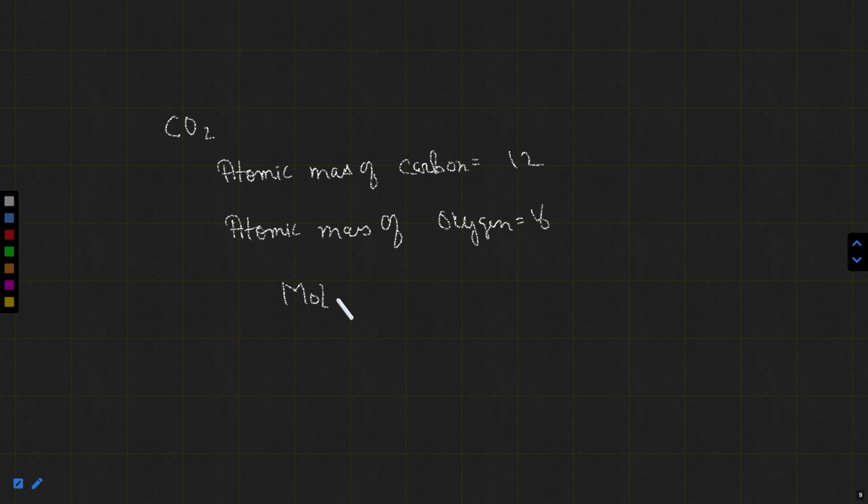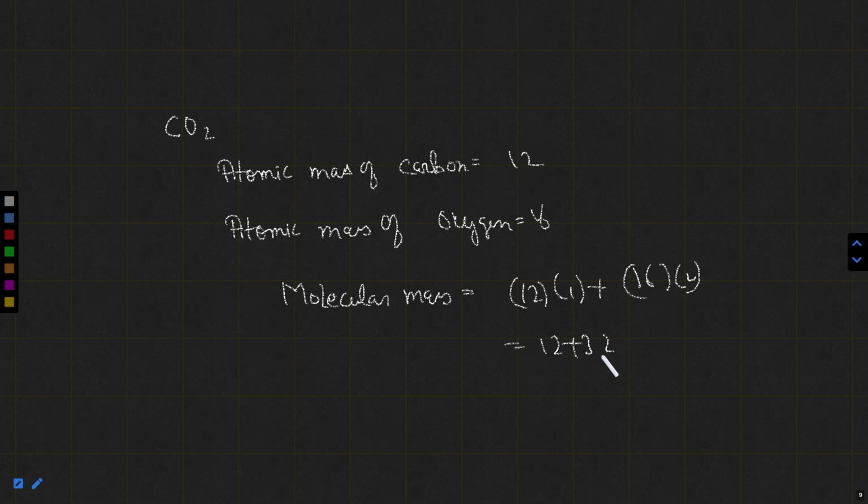So the molecular mass would be 12 multiplied by 1 plus 16 multiplied by 2. That would bring us to 12 plus 32, or 44 gram per mole. So you can try more examples by yourself.